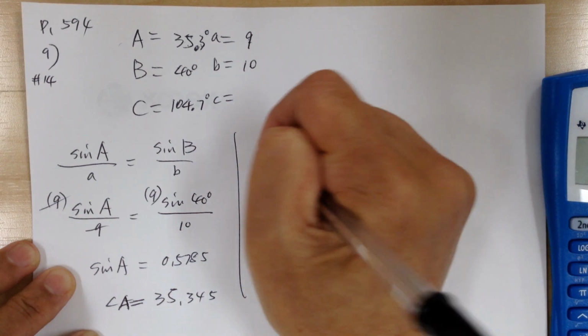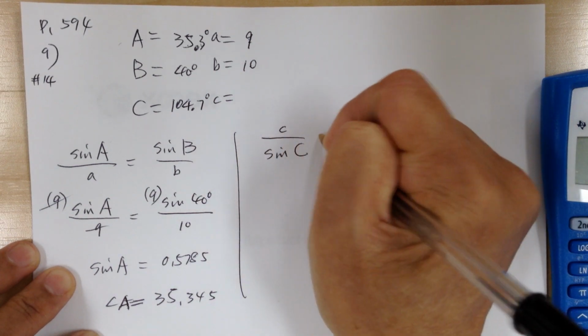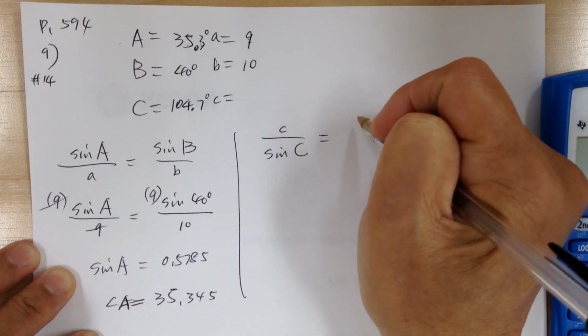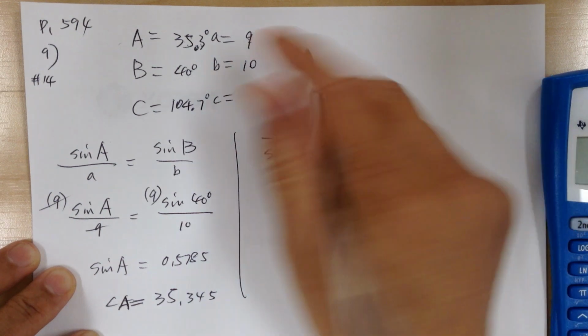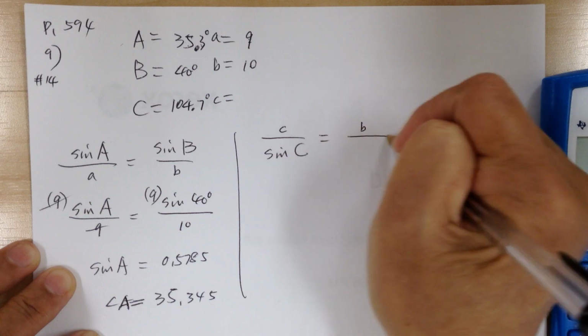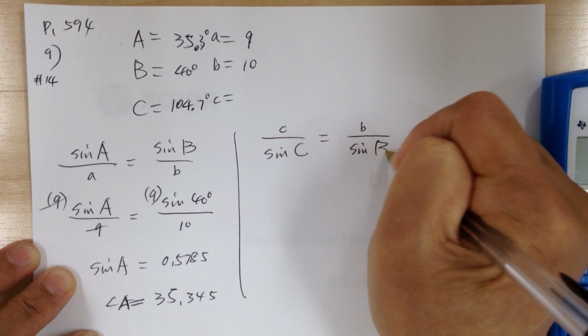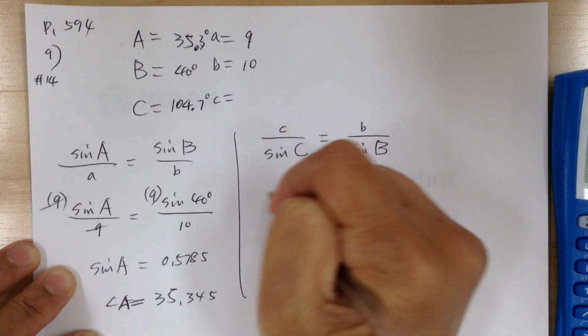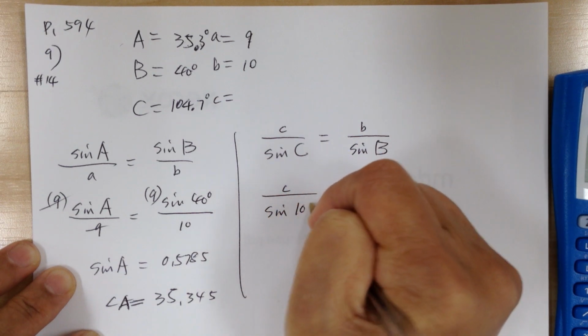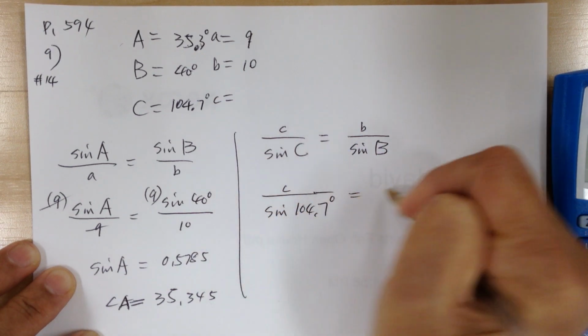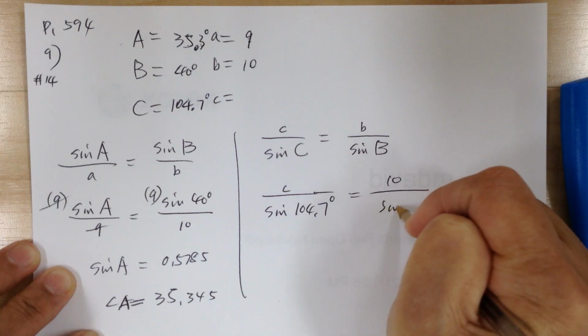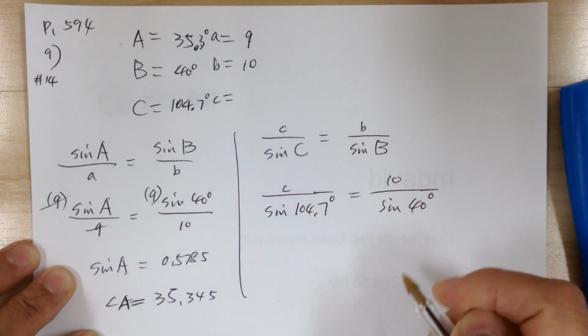So C over sine C equal to, I'm going to use B because B is exact, equal to B over sine B. So you get C over sine of 104.7 degrees equal to 10 over sine of 40 degrees.